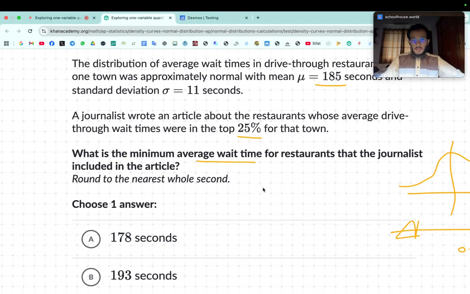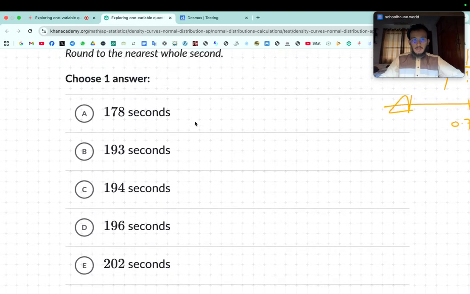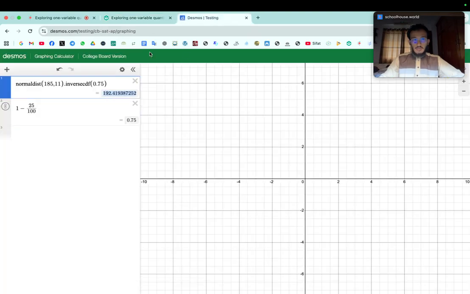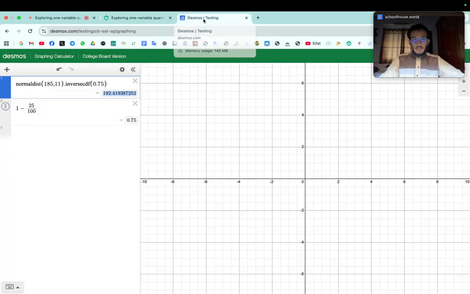So what do we get for the minimum average wait time that is included? We get 192 to the nearest whole second. Okay, so here we have 192.